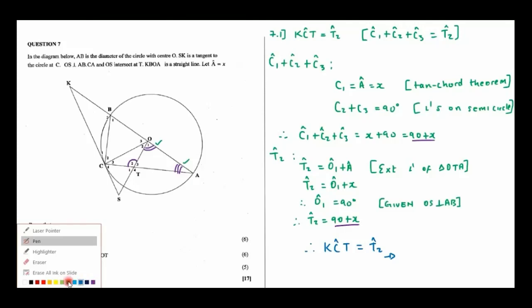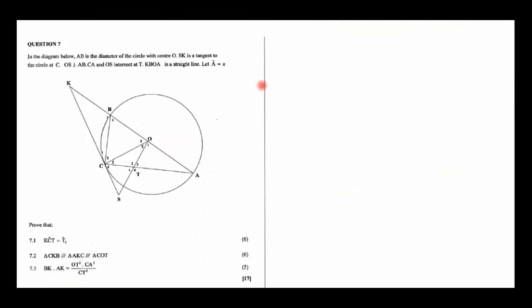So the second question, 7.2, they say we need to prove that triangle CKB is similar to triangle AKC, which is similar to triangle COT. All right. So when you're proving that triangles are similar, what's the first thing that you must know? Firstly, if you're given it like that, it means you are given a hint there.